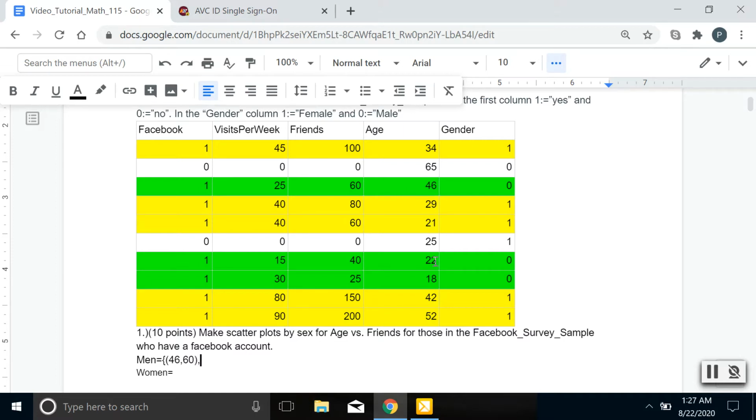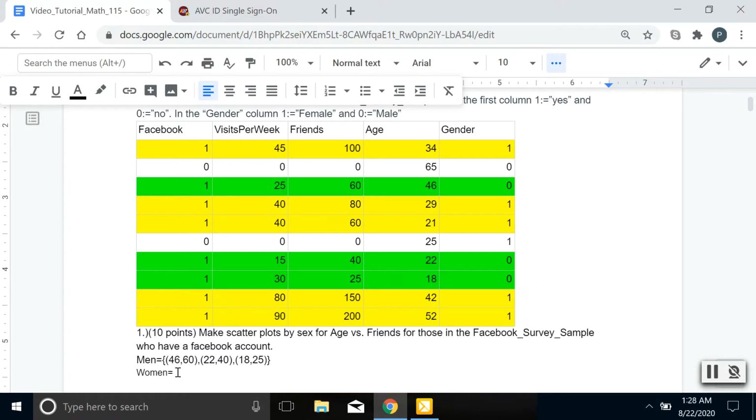Next point would be (22, 40). So I'm doing age and then friends. Next point would be (18, 25). And that's it for the men. So I've got the points (46, 60), (22, 40), (18, 25).